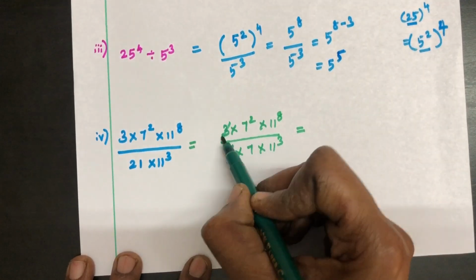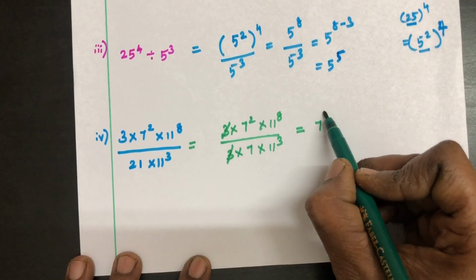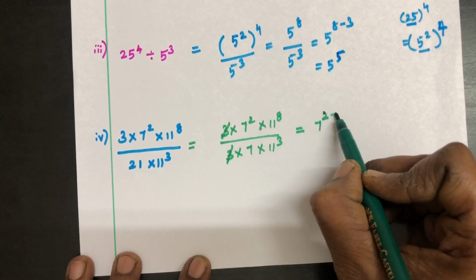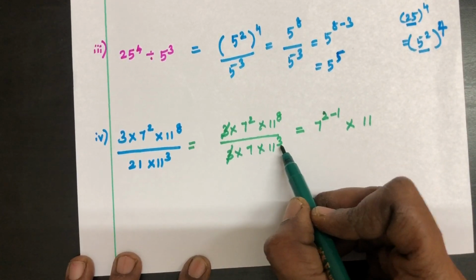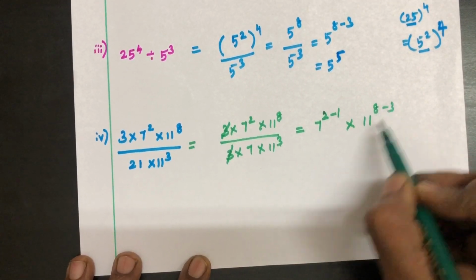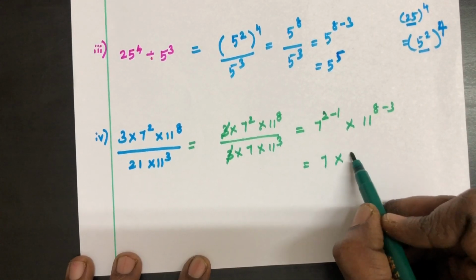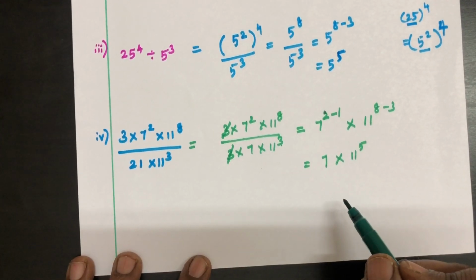This 3 and 3 will go. 7 square by 7, that means once. Here the power is 2 minus 1, into 11 power 8, 11 power 3. So 8 minus 3. This is 7 into 11 power 5. So this is the answer.